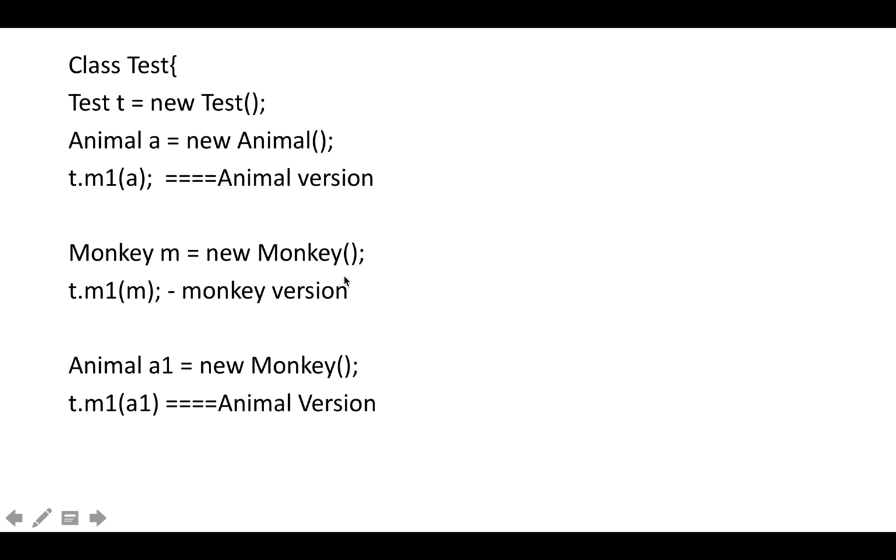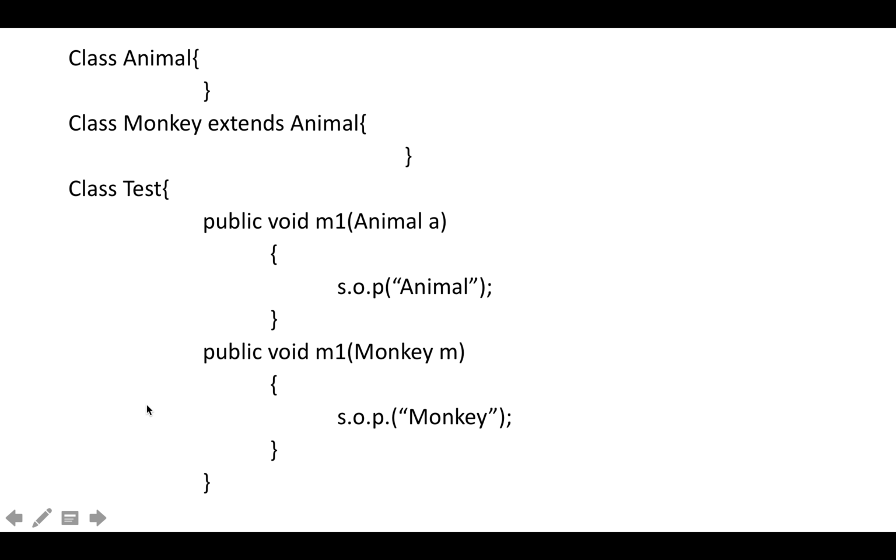And when we pass a Monkey reference, it simply executes the Monkey version. But whenever we pass a parent reference to a child object, at that time it simply executes the parent reference method.